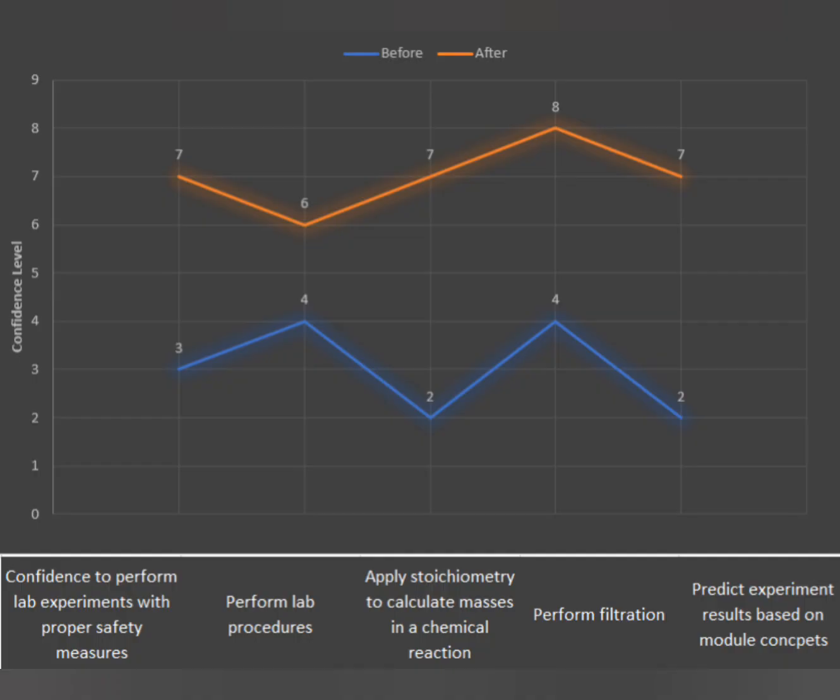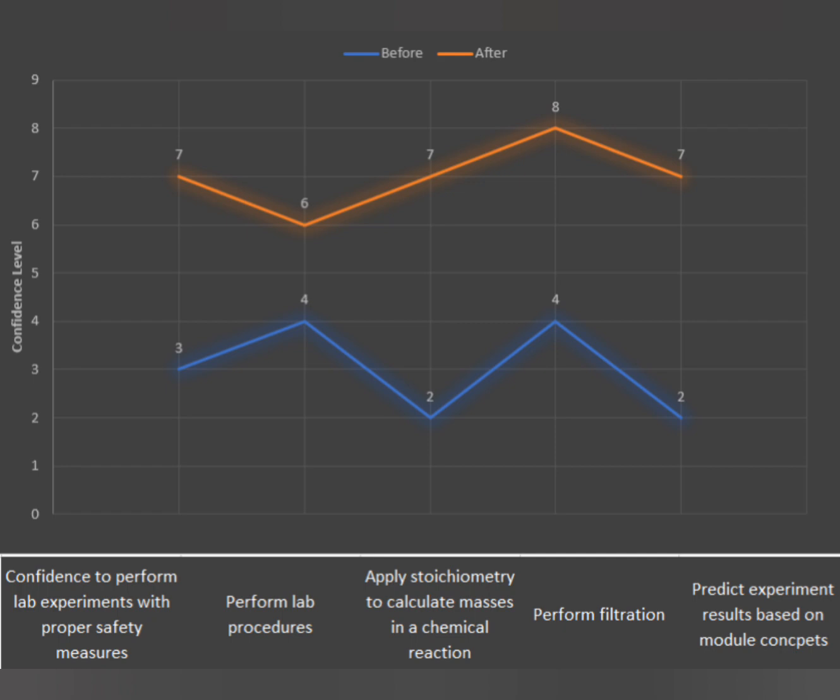And finally, for our self-reflection this week, we were tasked with looking at some of the skills and awareness that we've had throughout the course as we've done labs and we've gotten more and more practice, and reflect on the confidence levels that we felt with a couple of different topics.